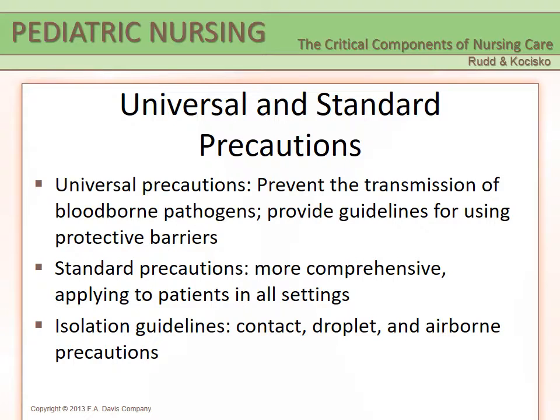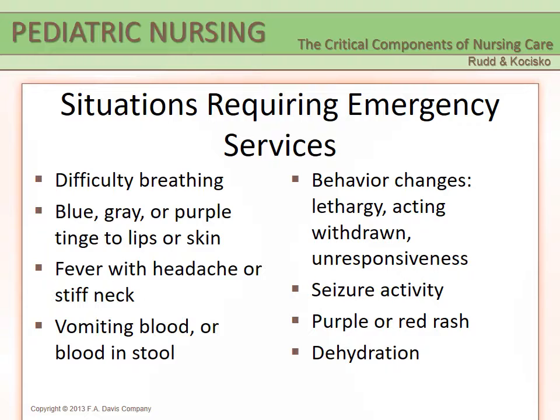Just a slide reviewing universal and standard precautions, as we've done a million times before, especially in foundations, what the definition is of universal, standard, and then isolation guidelines, which you are all probably pretty well versed in by now. Situations requiring emergency services.